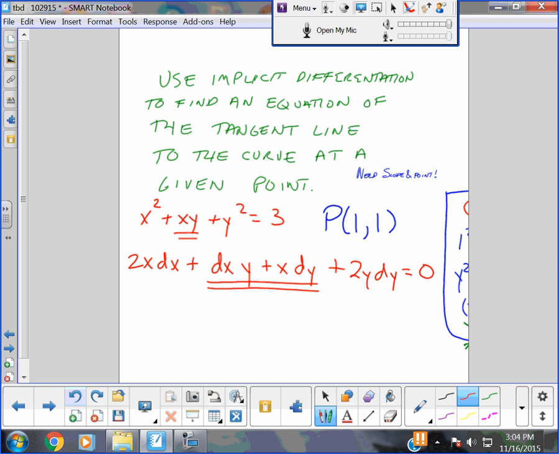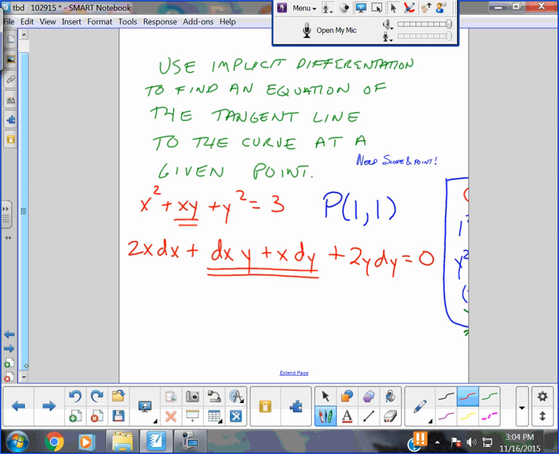Now I have to get dy/dx. I have to solve for dy/dx. And this is more of an algebra exercise than anything else. I'll put all the dy's on the right. So I get 2x dx plus y dx equals negative x dy minus 2y dy.